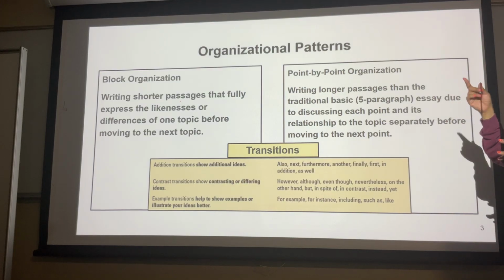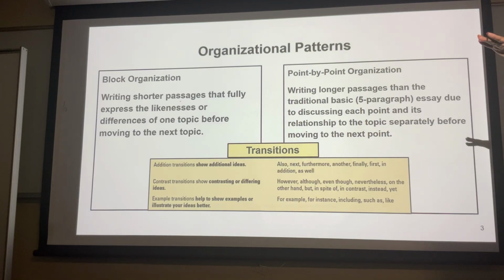Okay, so remember, when you're looking at yours, you're gonna choose which organizational pattern you're gonna do. You're either gonna do the block, which means that whatever points you're trying to make, if you're trying to compare or contrast and you're starting with Regret, then everything you talk about with Mademoiselle Orly, her neighbors, whatever, all of that is in one area.